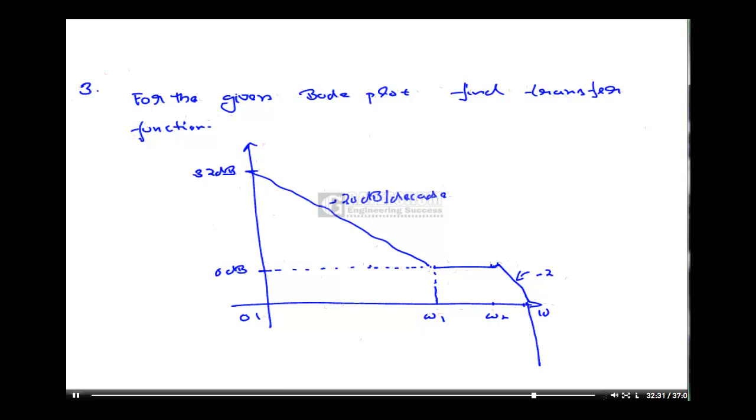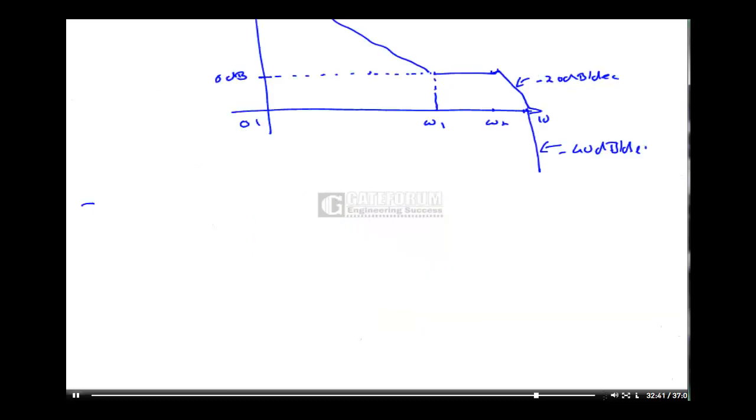This slope is minus 20 dB per decade. This slope is minus 40 dB per decade. For this we have to find the transfer function. From 32 dB, it has come down to 6 dB and then becomes constant. That means the change is equal to 26 dB. So a 20 dB change means a change in frequency by 10, because it is decreasing at a rate of minus 20 dB per decade.